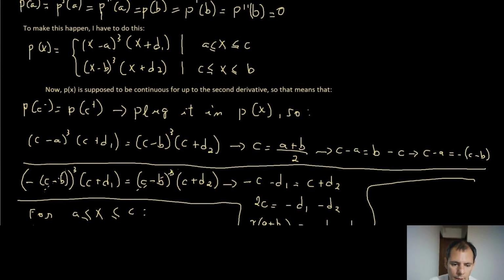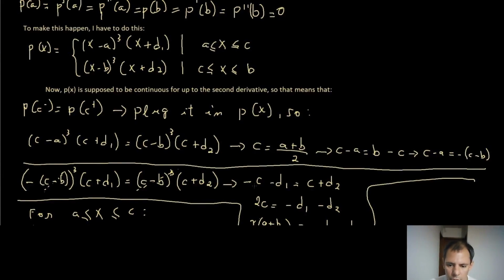Now you have this minus being cubed. It's still going to be a minus because a minus cubed is a minus. Now you see you have a c minus b cubed and a c minus b cubed here. You can just cancel them. You're not going to cancel the minus though. This minus is acting on this c and on this d1.